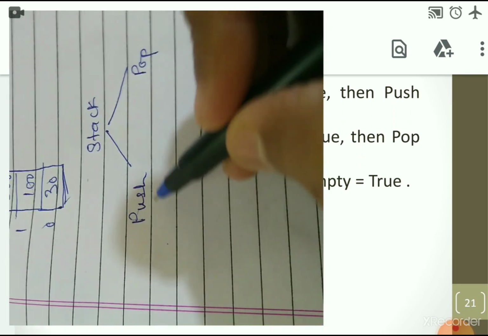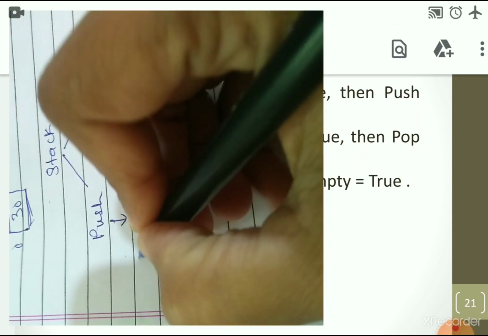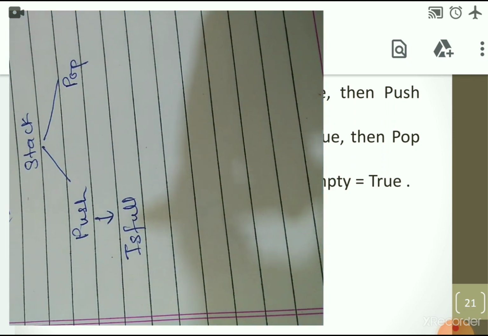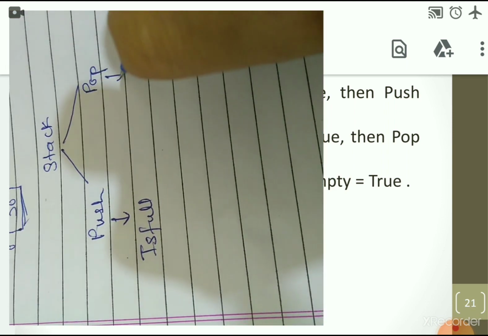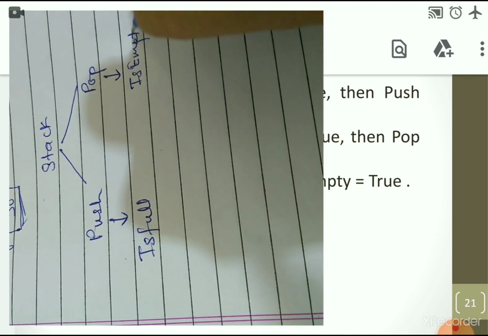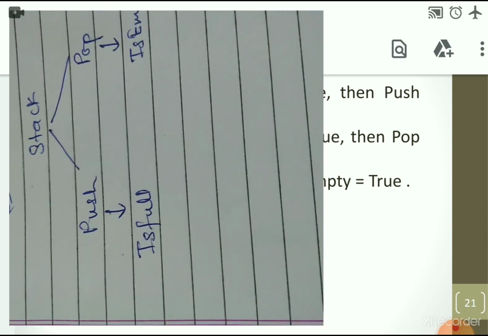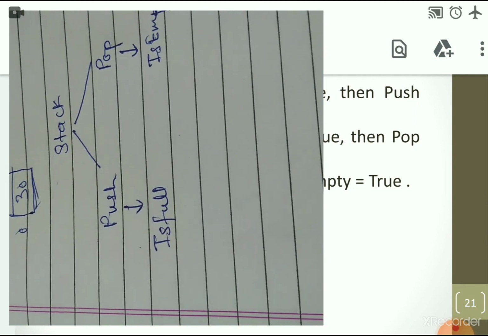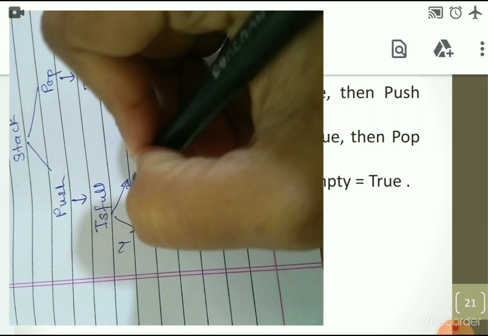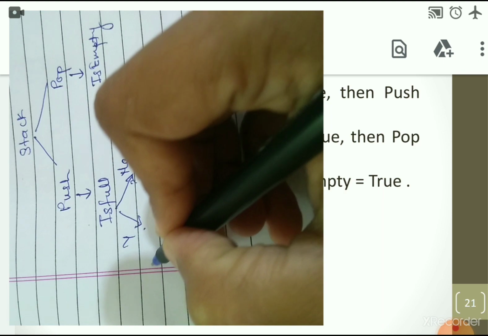So whenever we want to push the elements, first of all we have to check if the stack is full or not. Whenever we want to do the pop operation, we have to check if the stack is empty or not. When we are checking these conditions, the condition always has 2 values, either yes or no. If it is full, then no operation is performed.